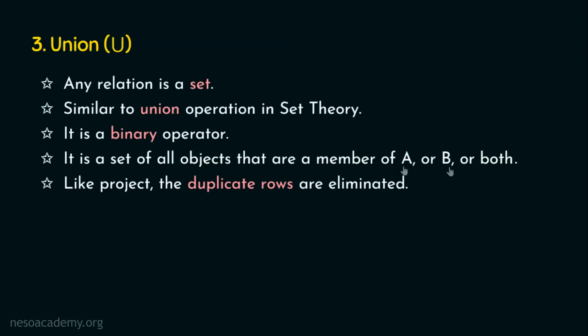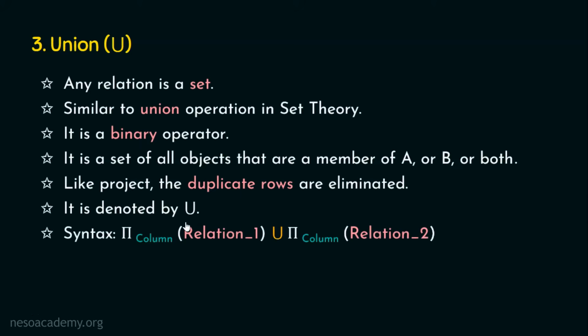That's why the values in the output will be members of A or B or even both, but duplicate values are eliminated in the resultant table. And the symbol used to denote the union operation is the union symbol.